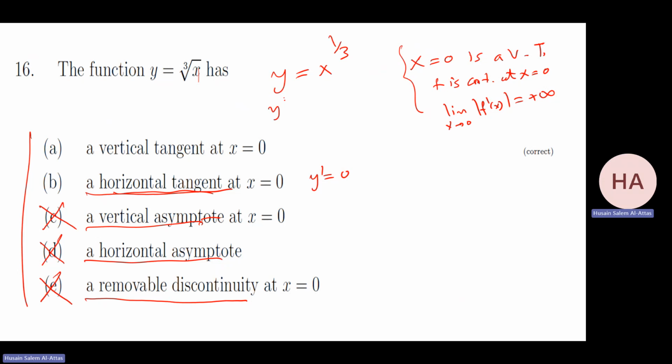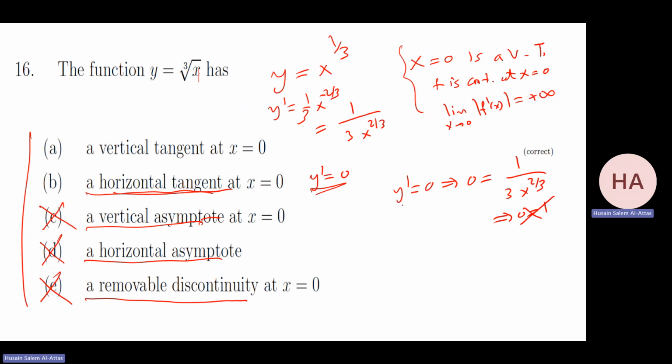So what will be y prime? y prime is 1/3 x to the power minus 2/3, that is 1/3 x to the power 2/3 in the denominator. So for sure, it's impossible. If you make y prime equals 0, you are getting nothing. 0 equals 1/3 x to the power 2/3 implies 0 equals 1, which is wrong. So I have no point here. So there is no horizontal tangent.